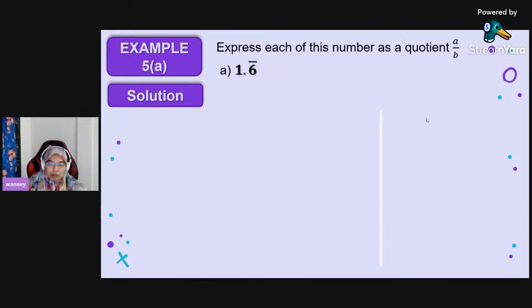So if you do remember back in chapter 1, the first lecture, we learned something called rational and irrational numbers, right? For a rational number, let me represent them as Q, you can represent them either as a fraction or as a decimal.